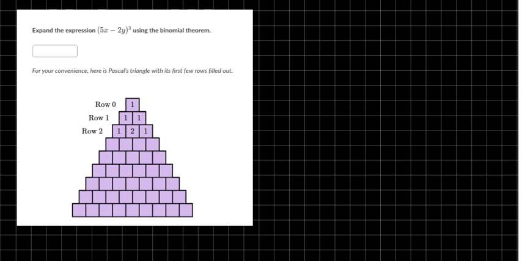These are not going to be any different, really. We're going to keep doing these the same way. So we're going to need row 3 again. So that's 1, 3, 3, 1. And again, let me remind you that a plus b to the nth power, we're going to have n choose 0 times a to the nth, b to the 0.